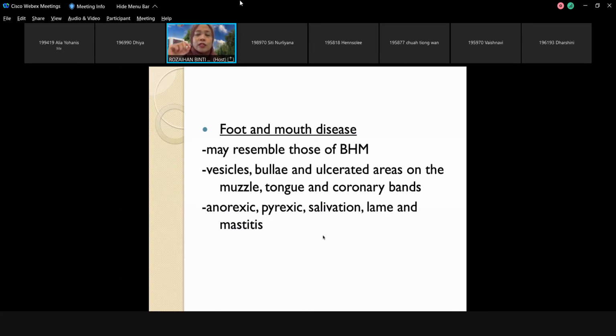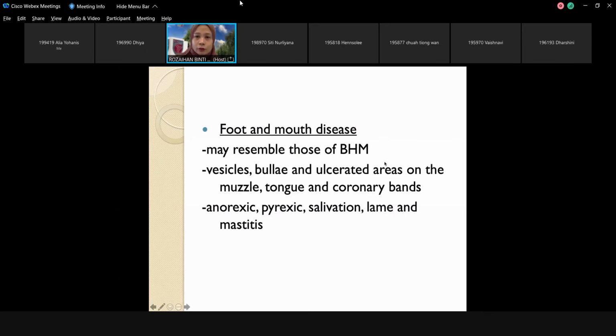What you can observe are vesicles and bullae, and if the vesicles rupture, you can get ulcerated areas. So please, again, be familiarized with all these dermatological terms: vesicles, erosions, ulcers, papules, macules, pustules, etc. Because I'll be talking a lot about that in this topic.